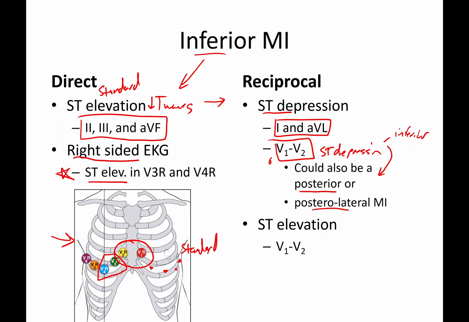And this is one of the reasons why we dig into this whole reciprocal discussion, is that if you understand that seeing ST depression can be a sign that there's ST elevation somewhere else, it'll help you dig into those things. And even more so, if you see ST elevation in V1 and V2, that could potentially be a late sign of a posterior MI that's really gotten out of hand.